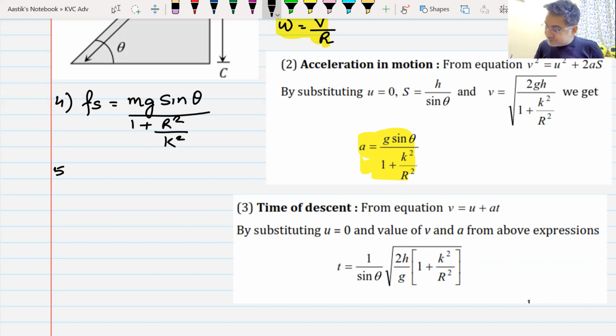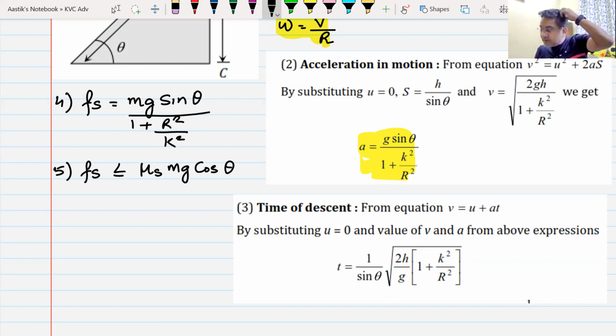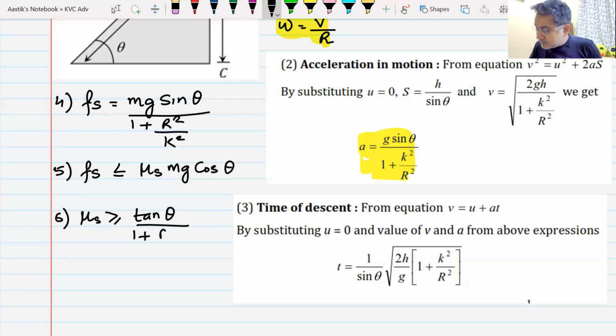And number 5, remember that this static friction will always be less than or equal to mu s into mg cos theta, which is mu s into N. So from here you can find out the minimum value of friction required, or mu s required. Mu s should be greater than or equal to tan theta upon 1 plus r square by k square.